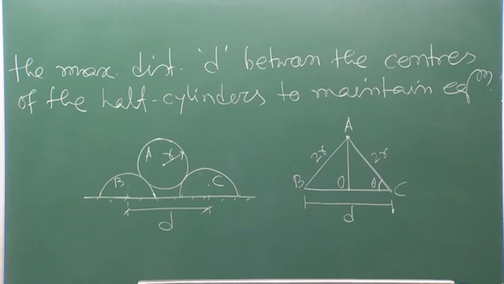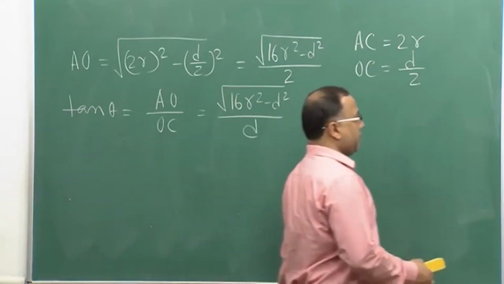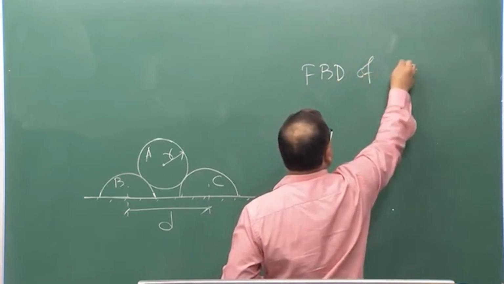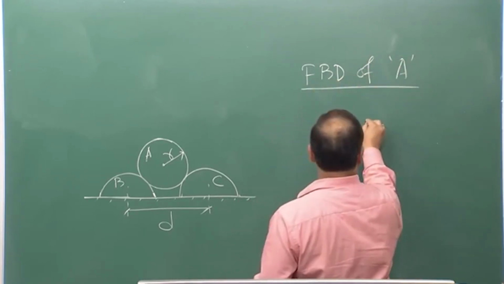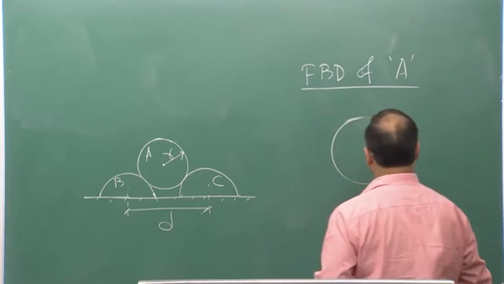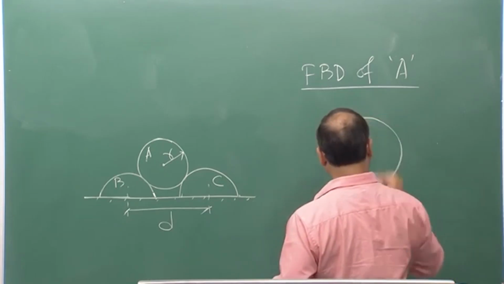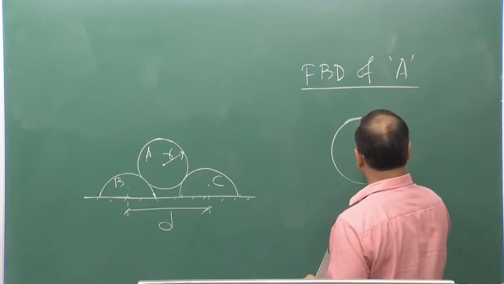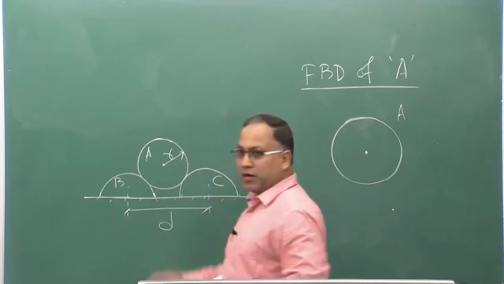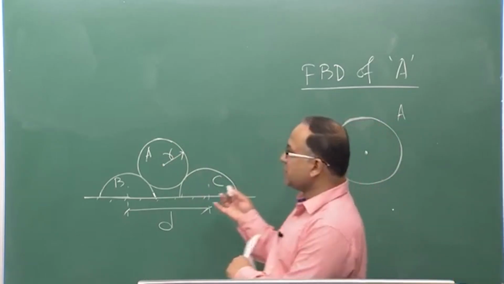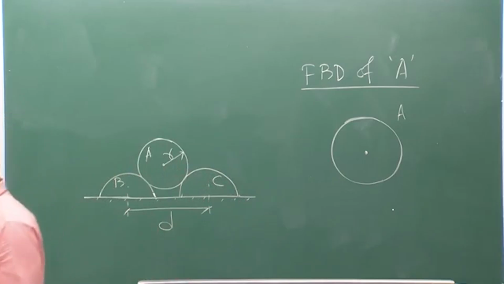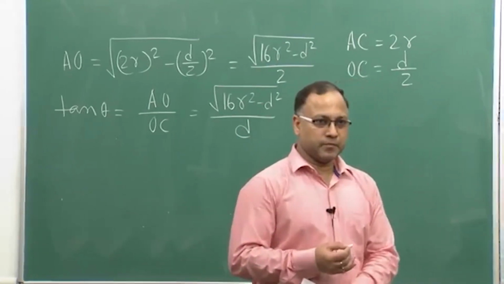Let us draw the free body diagram of cylinder A. So, this is cylinder A. If you take out cylinder A from the system, then you have to replace the contact forces or the externally applied forces.